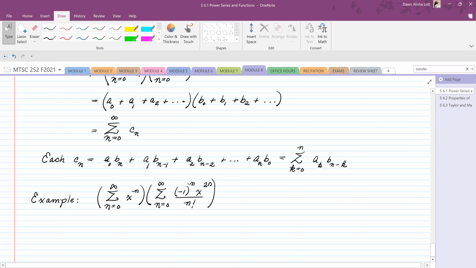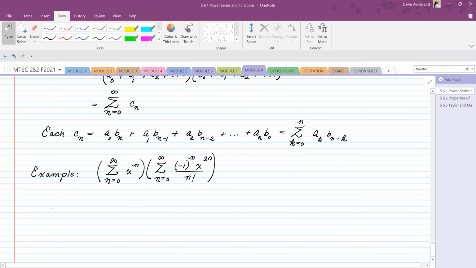Okay, so just the first term c naught is going to be a naught b naught. So a naught is going to be 1 and b naught is 1. So that's easy.